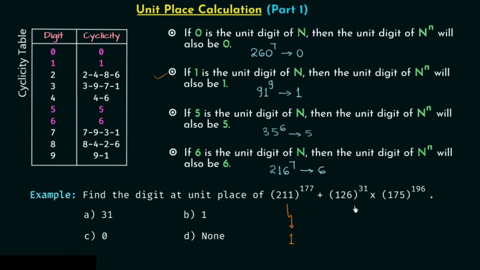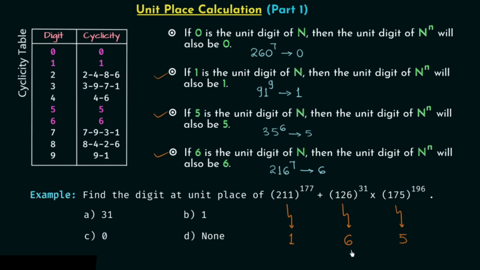Moving on to 126 raised to power 31, we have 6 at the unit place of number n, and therefore from this rule 126 raised to power 31 will also have 6 at the unit place. Similarly, for this power, following this rule, we will have 5 at the unit place of 175 raised to power 196.